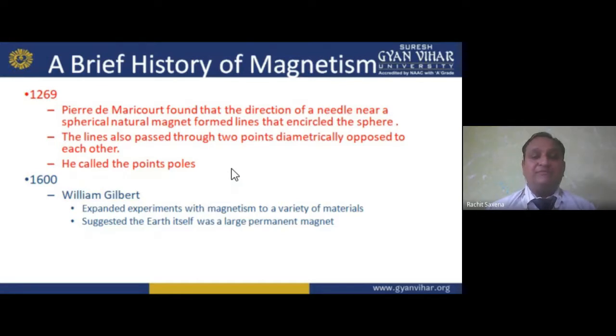My dear student, in my previous lecture I already told you that flux lines are invisible, not viewed by the naked eye. Maricourt found the lines encircling the sphere, just like a circle. So we can say it is a flux line.